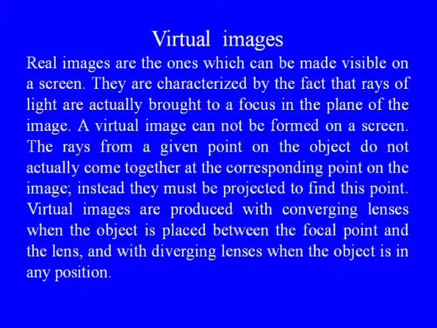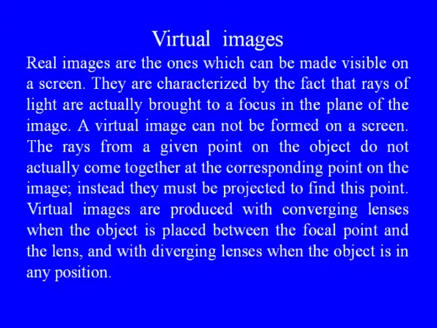Let us consider virtual images. Real images are the ones which can be made visible on a screen. They are characterized by the fact that the rays of light are actually brought to a focus in the plane of the image. A virtual image, on the other hand, cannot be formed on a screen. The rays from a given point on the object do not actually come together at the corresponding point on the image.